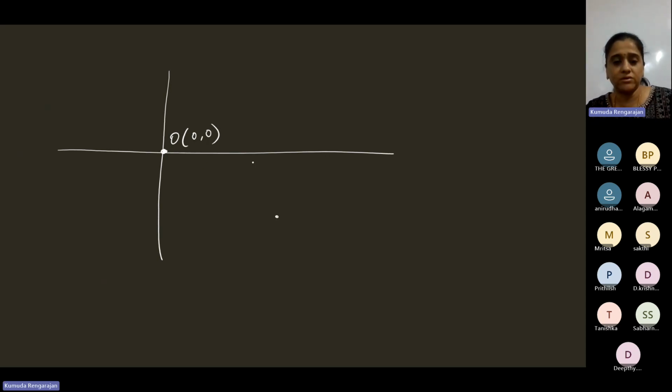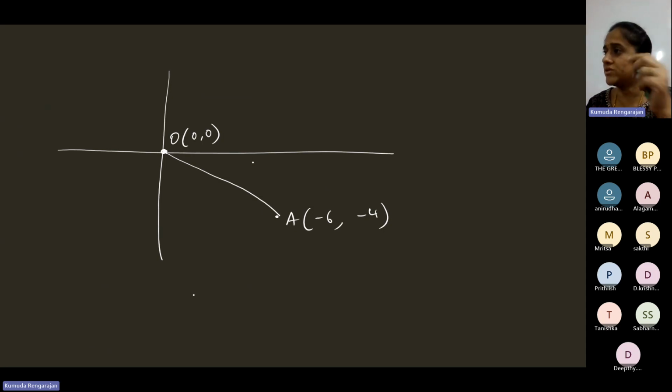Supposing there's a point here, A, which is say like (-6, -4). Now you want to find the length of the line segment OA. That is, you want to find the distance of point A from the origin. Both are the same. The length of the line segment OA is the same as the distance of the point A from the origin.